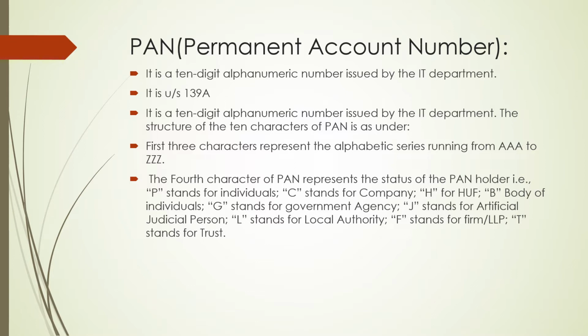P stands for individual, C for company, H for Hindu undivided family, B for body of individuals, and G for government agency. J stands for artificial juridical person, L for local authority, F for firm or LLP, and T for trust. These are the various alphabets for the fourth character of the PAN number.